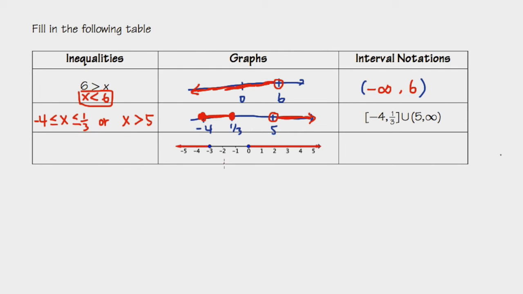Let's look at the next one. We are given a graph, and we'll try to figure out the inequality and also the interval notation. Perhaps let's do the inequality first. For this right here, the number that we have is -3, and we want to go toward the left. So that means we have x is less than or equal to -3, the less than or equal to because this was a closed circle.